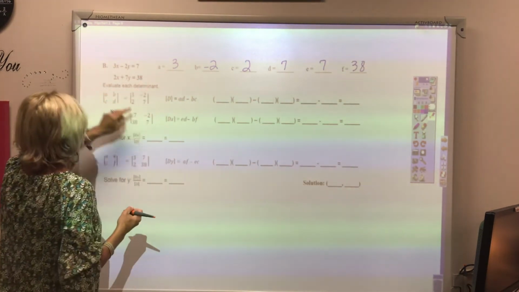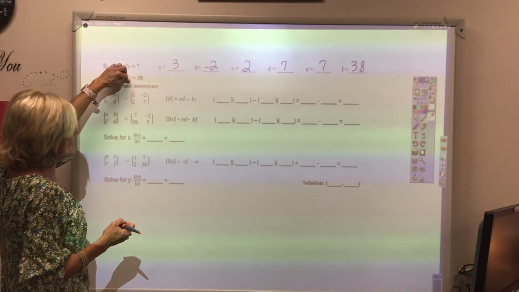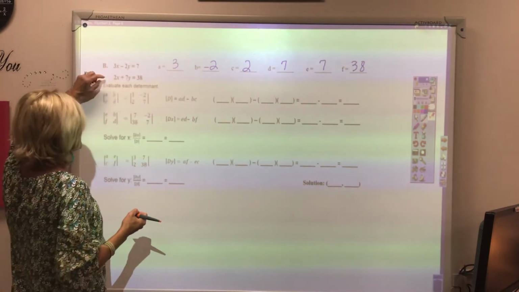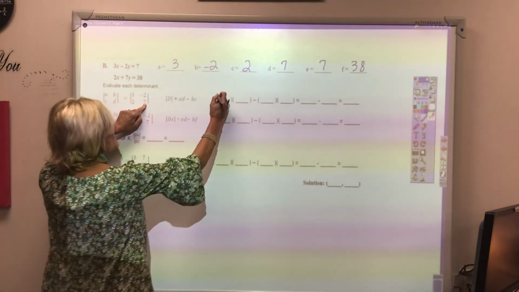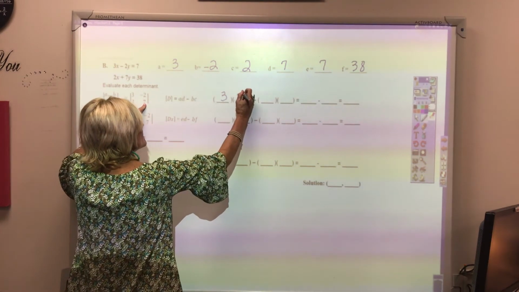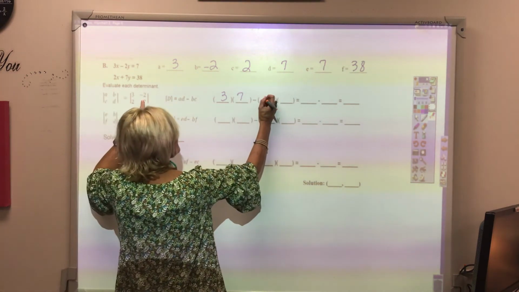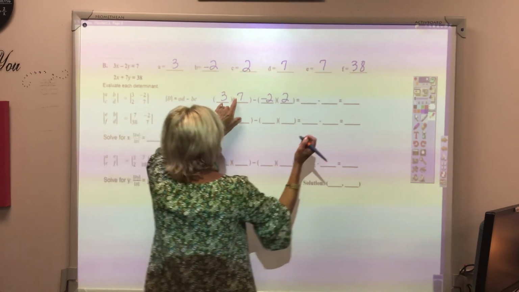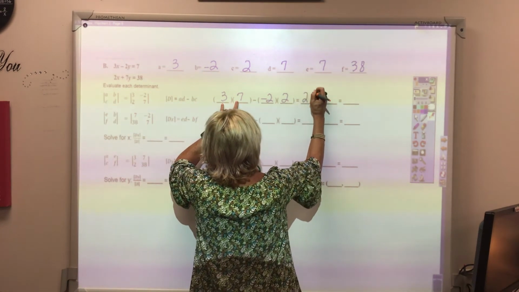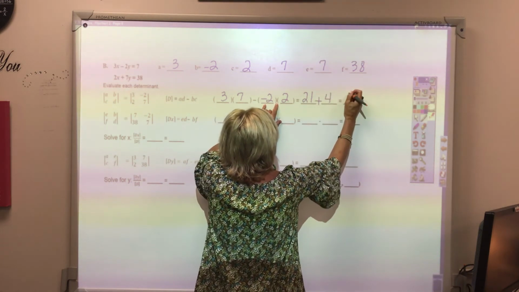To find the main determinant, we take A, B, C, D. A times D would be 3 times 7 minus B times C, so negative 2 times 2. This would be 21 plus 4 is 25.